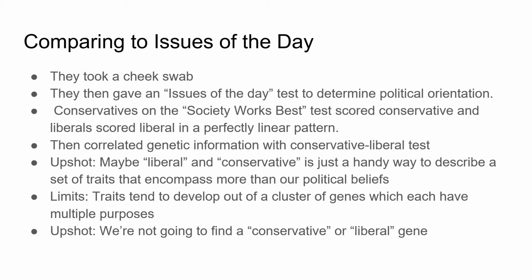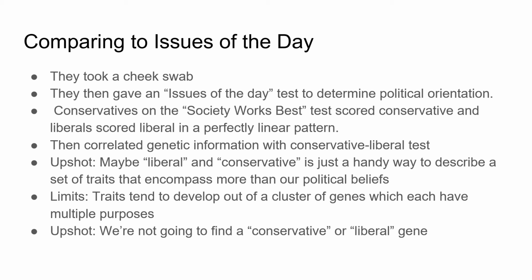They concluded that maybe liberal and conservative is just a handy way to describe a set of biological traits that encompass more than our political beliefs, but do give us some indication of our political beliefs. One of the limits of this kind of research is that traits tend to develop out of a cluster of genes, which each have multiple purposes.